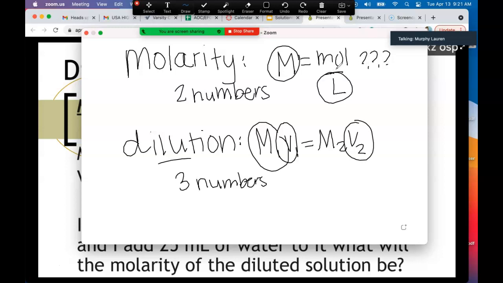Well, I shouldn't lie. You can, but it usually involves stoichiometry if you're up here. So when you see 3 numbers, and this isn't always true, or the words diluted or added water or whatever, it's going to be this equation because you have too much stuff to technically plug in here for right now.